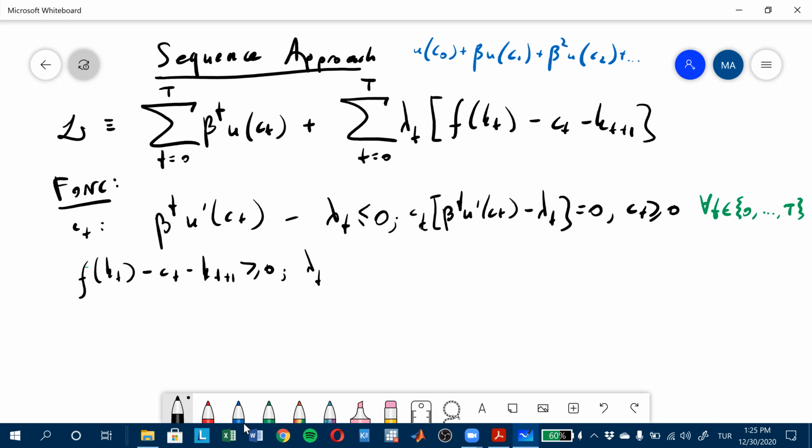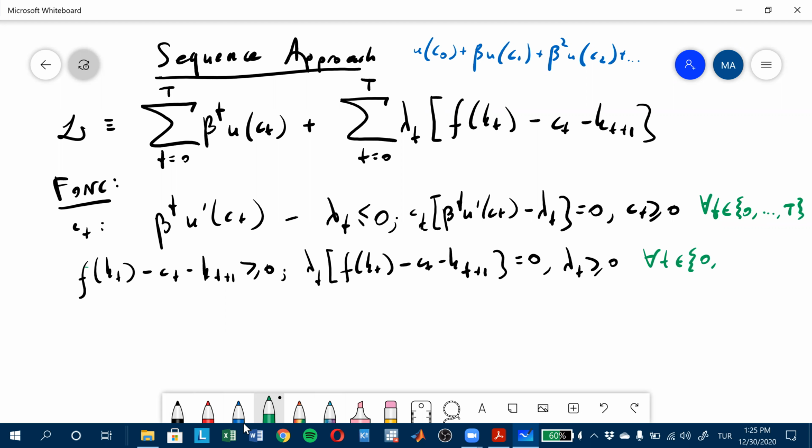And then you have lambda t times f(kt) minus ct minus kt plus 1 equals 0. And you have lambda t greater or equal to 0. Now I want to write this for these periods. The last period, I'm going to deal with later.